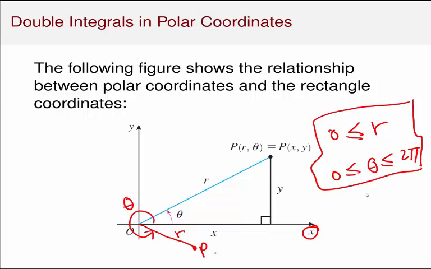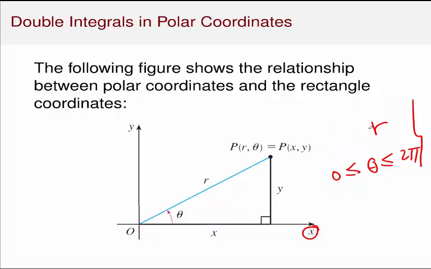Next, let us look at the relationship between the xy coordinates and the polar coordinates. Well, that can be easily obtained by looking at the right angle triangle over here.